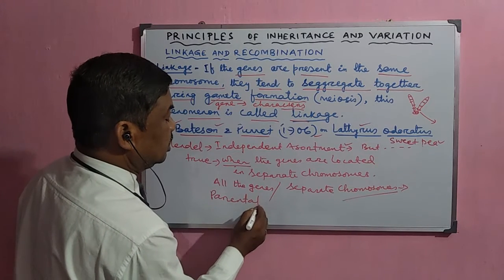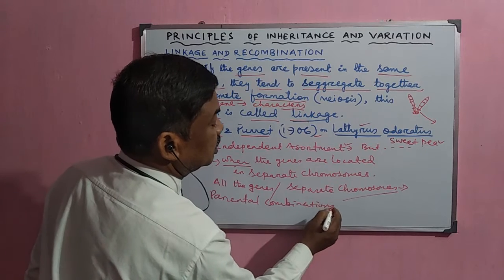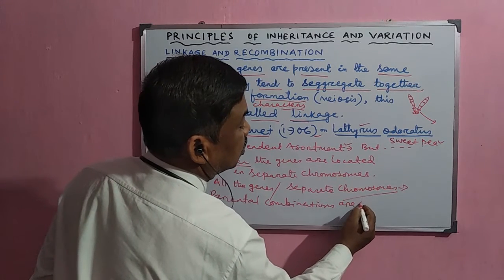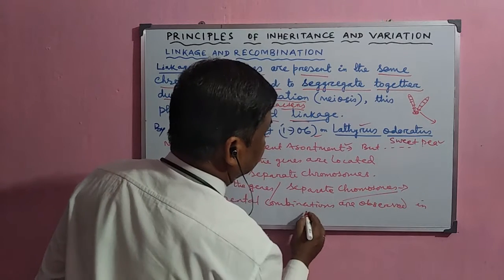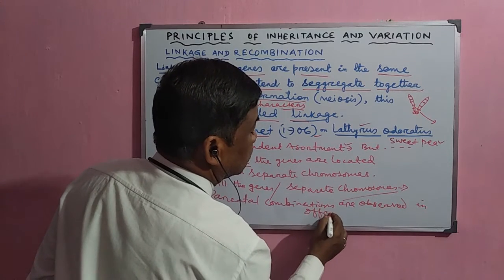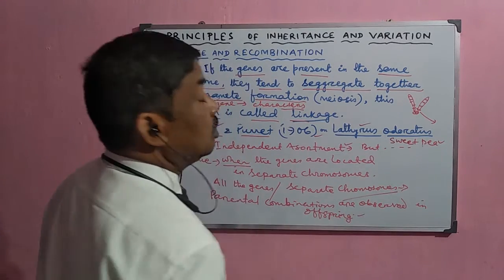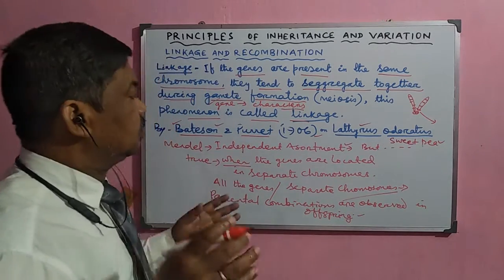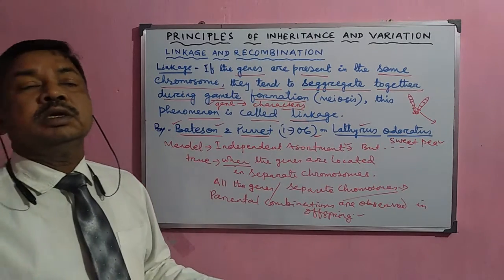So no variation or change is normally observed in the characters of the offspring. This phenomenon is commonly observed in linkage.